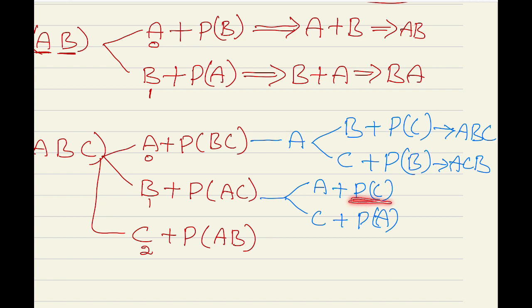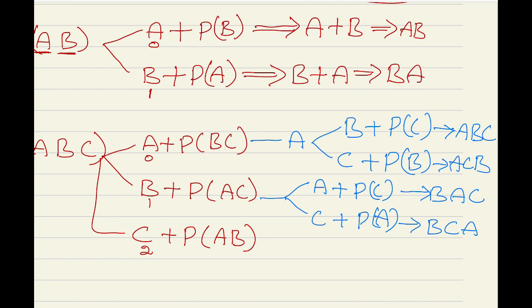We know that P of C is C. So we can write B, A, C. Similarly, we can write this one as B, C, A.